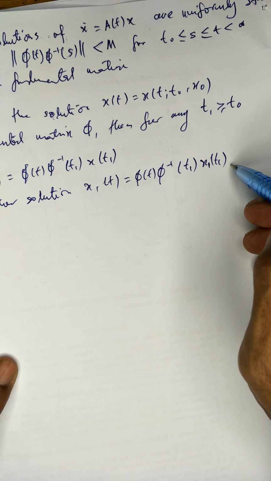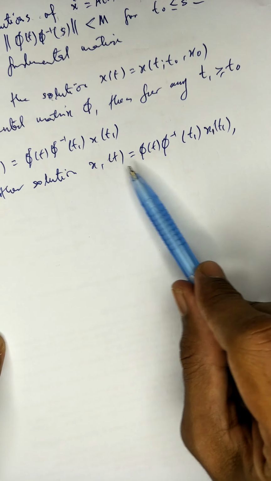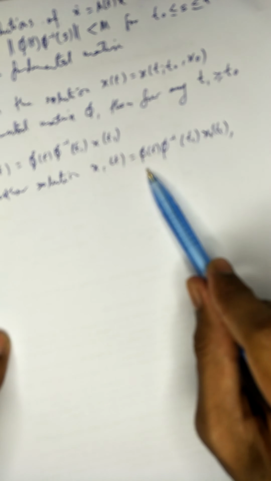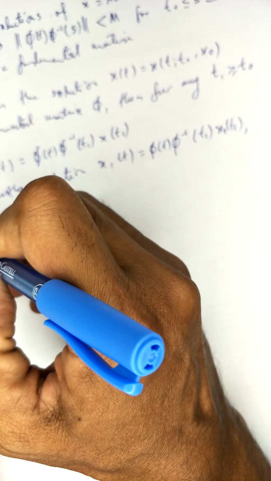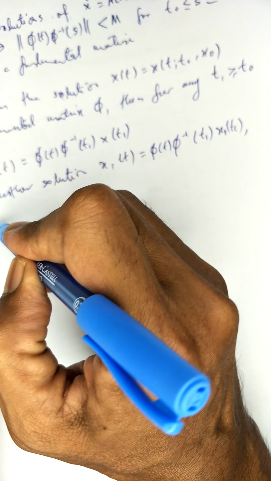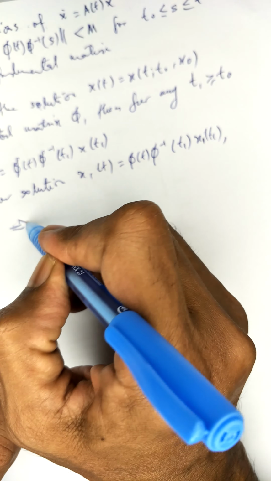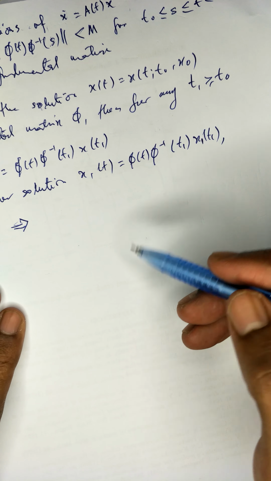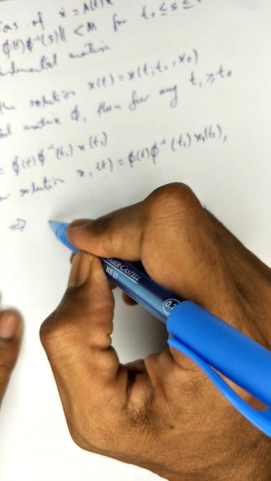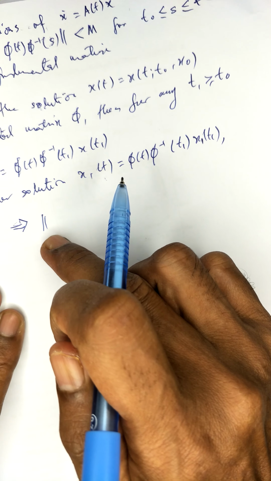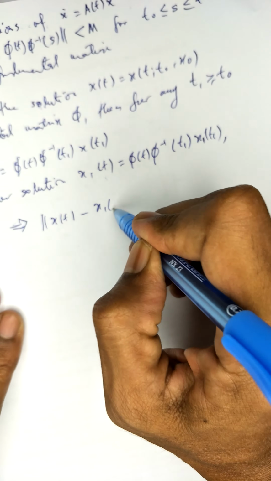Then, given any epsilon, what we can do from here is subtract these two and take a norm and see what happens. Given any epsilon positive, we have the norm of x(t) minus x1(t).